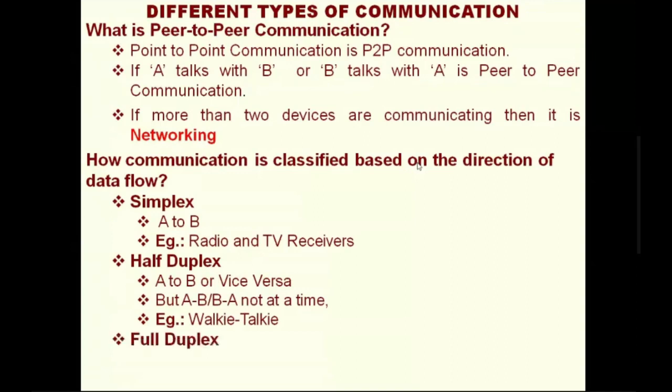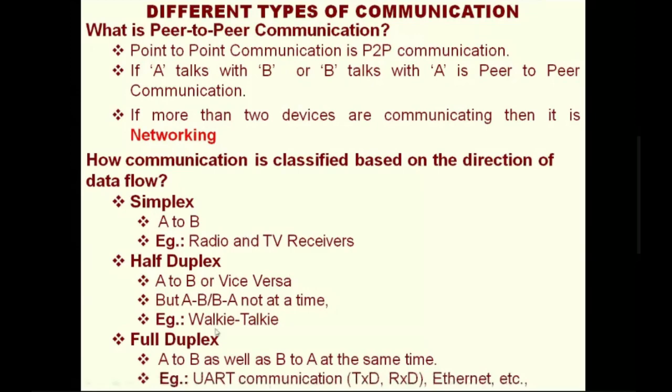Now full duplex. Simultaneously, both transmission and reception can take place. This can happen only when we have two communicating wires. A very good example is UART, the universal asynchronous receiver transmitter. Here you have two wires, as we have just seen: TXD and RXD.